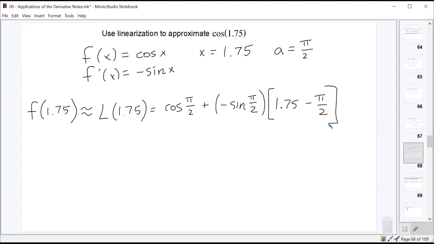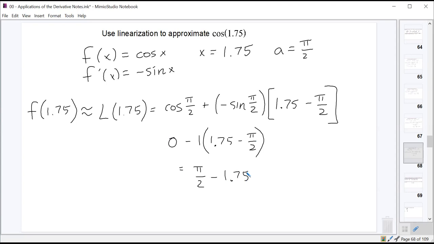And if we go ahead and evaluate this, the cosine of pi over 2 is just 0. And the sine of pi over 2 is 1. And if we have a negative in front of it, that's a negative 1. So we've got minus 1 times 1.75 minus pi over 2. Well, that would just be, if you distribute the negative 1 through, pi over 2 minus 1.75.